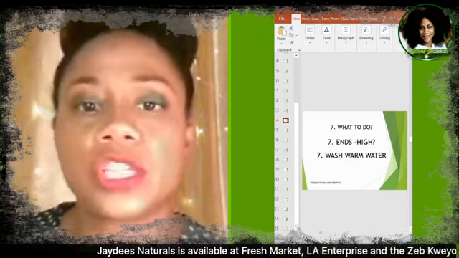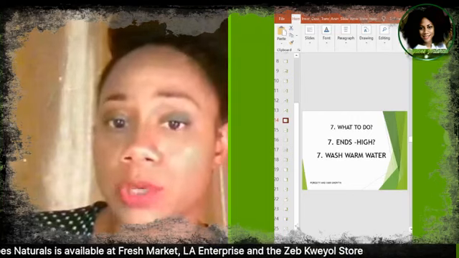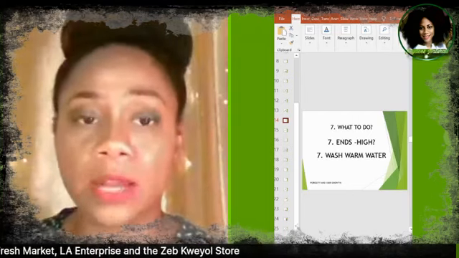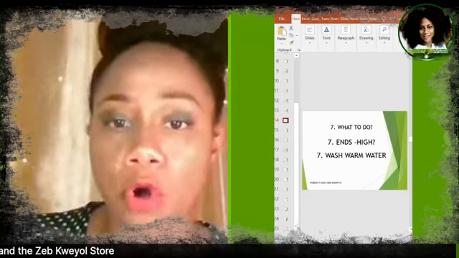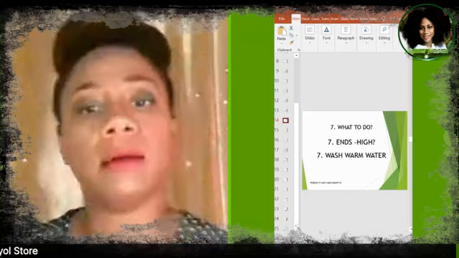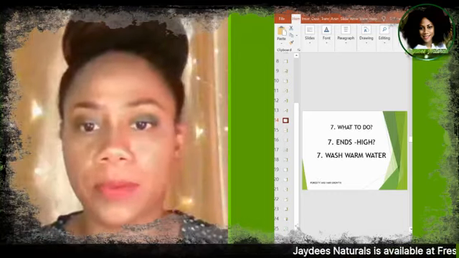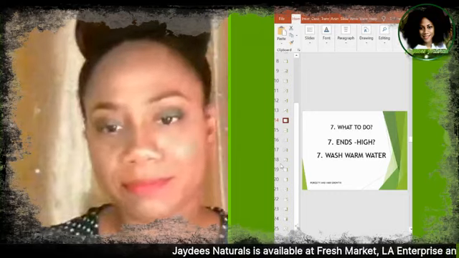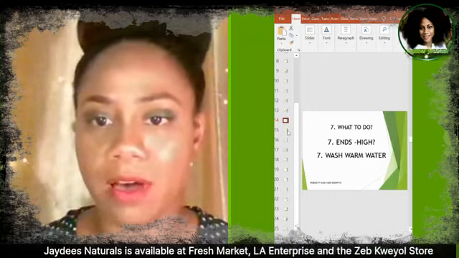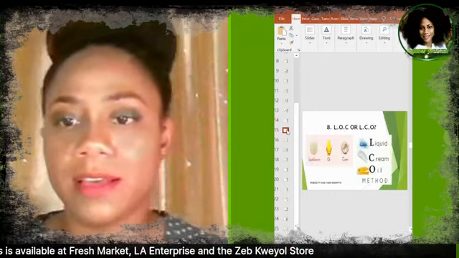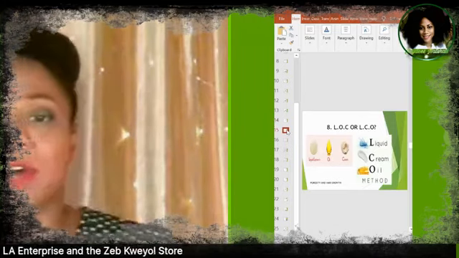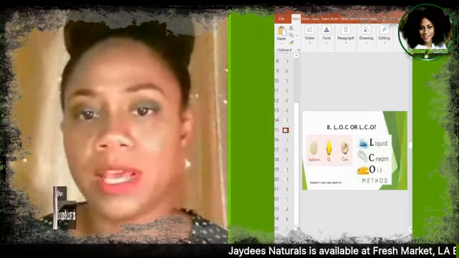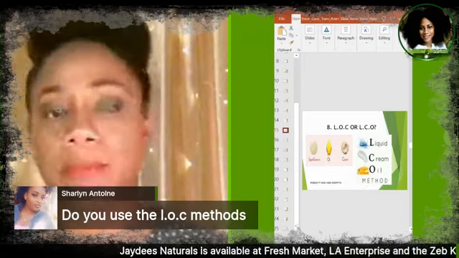Okay. Charlene, we are going to go into the LOC and LCO method and which one works best for high and low porosity here. So we're moving along. We're almost halfway there. So Charlene asked, do you use the LOC method?